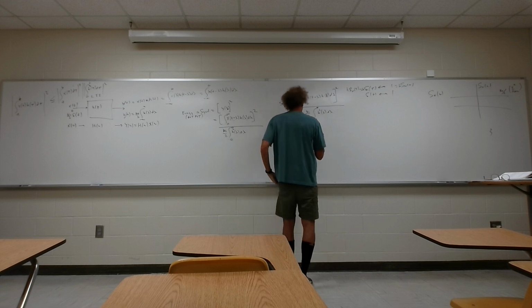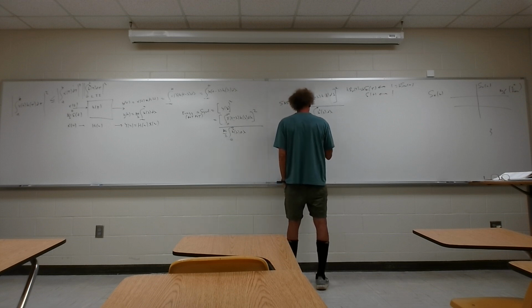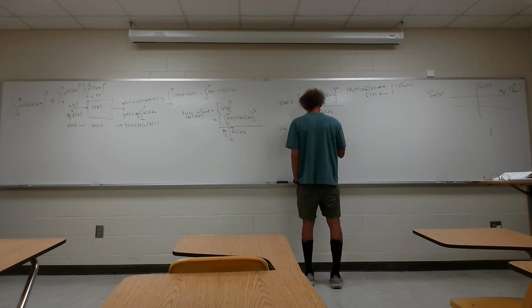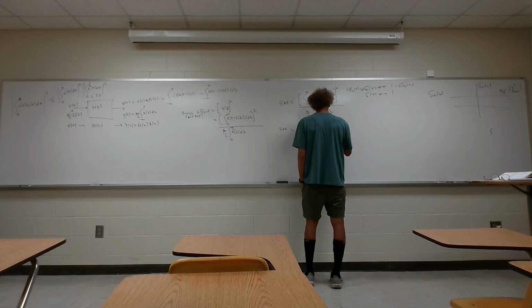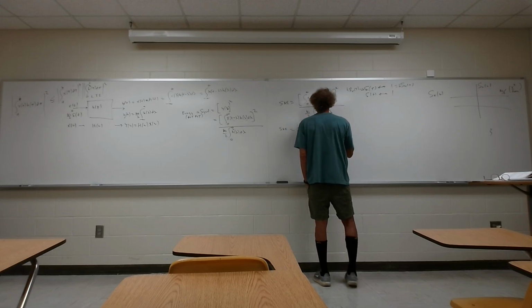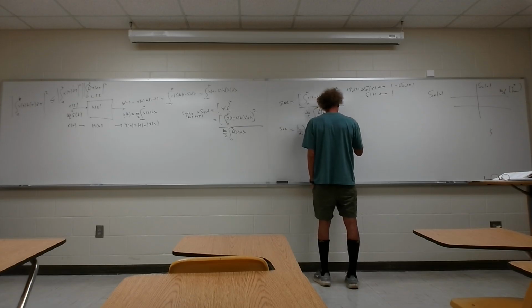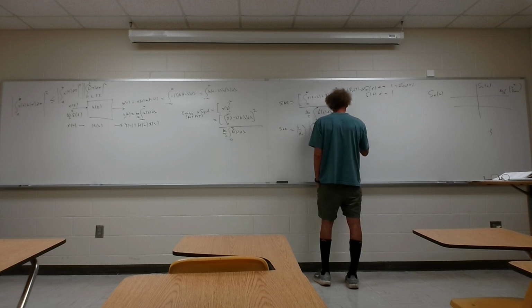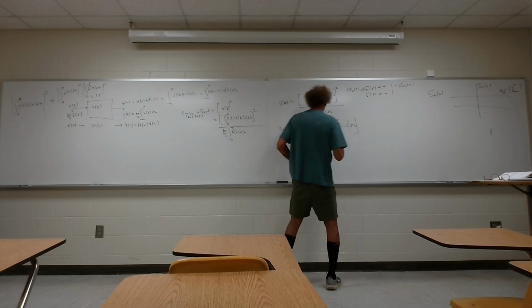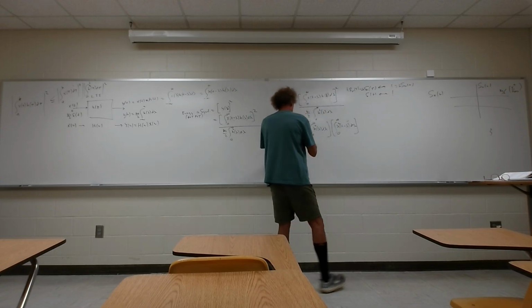And then here, I'm going to get the integral from 0 to infinity of h of lambda squared d lambda, times the integral from 0 to infinity of x of t minus lambda, squared, d lambda, and I have to divide this whole thing.